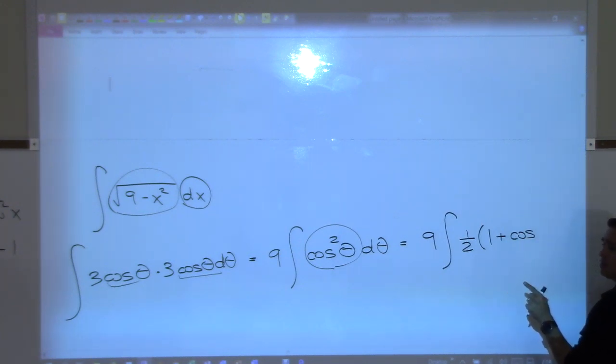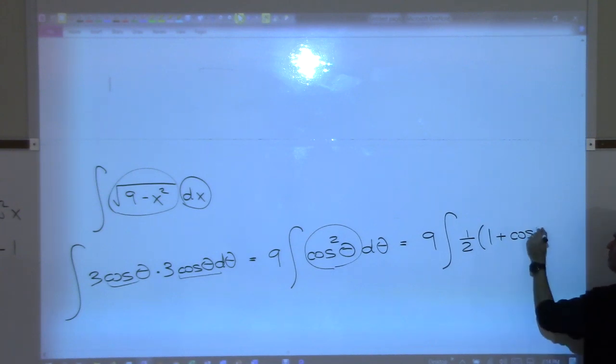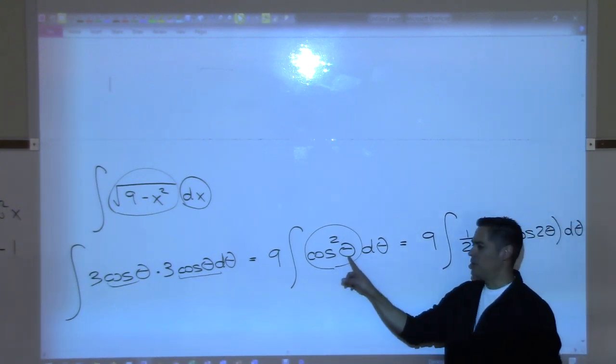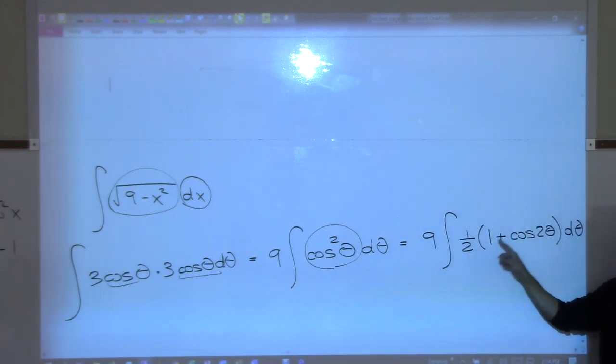So for us, it's 2 times theta, right? Because this is x for us. So the formula says it should turn into 1/2 times 1 plus cosine 2x. So for us, it's going to turn into 1/2 times 1 plus cosine 2 theta. Is everyone on board with that?